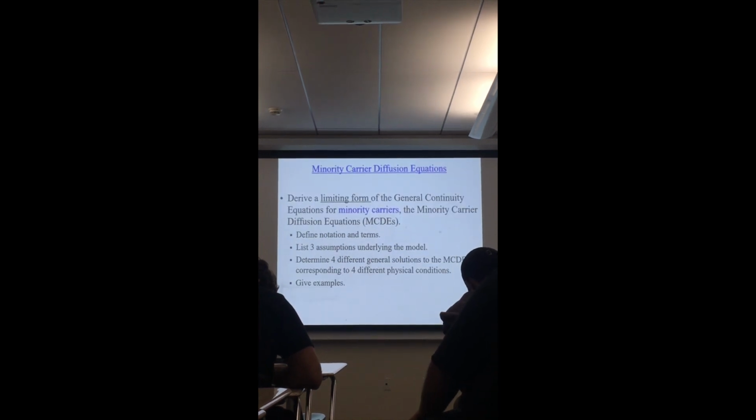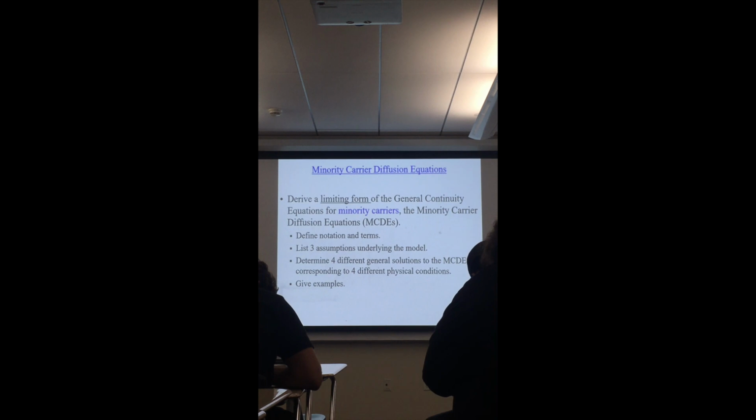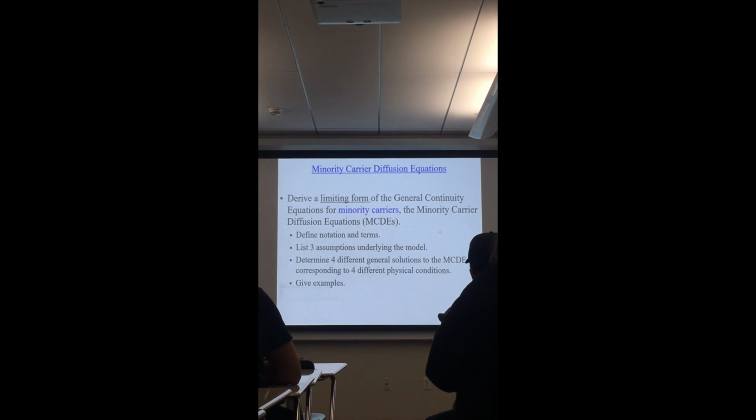So now let's try to derive a limiting form of this general continuity equation, and we are focused on minority carriers, which is known as the minority carrier diffusion equation, or MCDE. Okay, so we'll try to define the notation and terms, and we will also make some assumptions. Okay. And then we can determine 4 different general solutions for this minority carrier diffusion equation, corresponding to 4 different physical conditions.